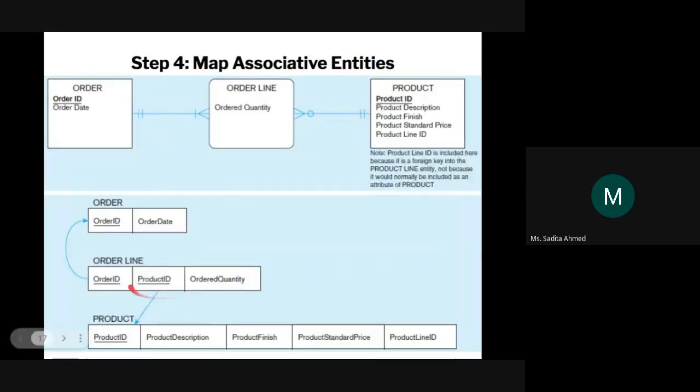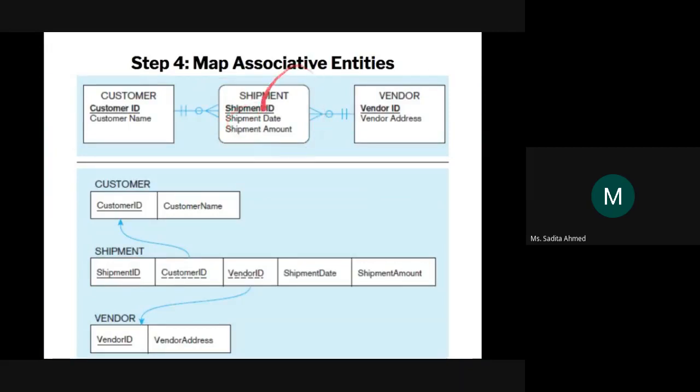In the previous case as well, these two were foreign key references, but they were a part of the primary key. Together they made up the composite primary key because order line didn't have its own primary key. Here, however, this associative entity has its own primary key. That's why that one is the primary key of the new relation. And the primary keys of the entities with which this shipment entity is related will remain here simply as foreign key references.